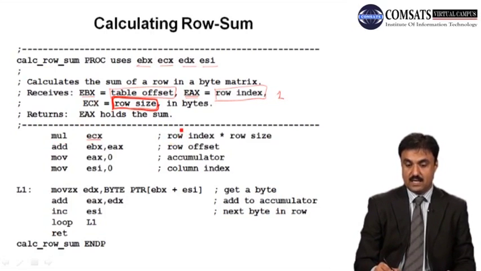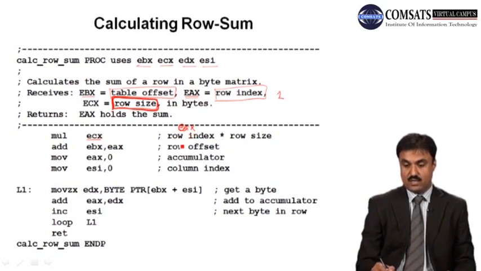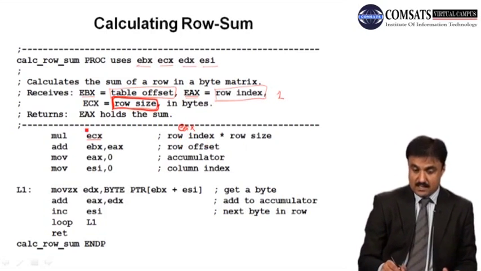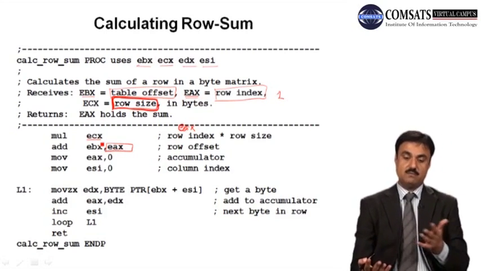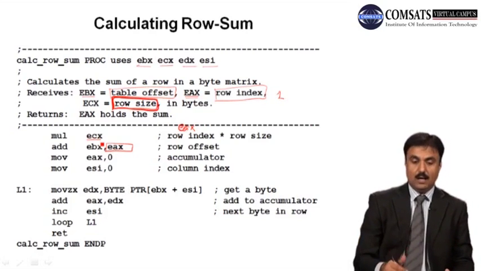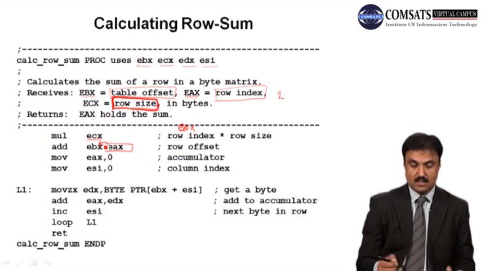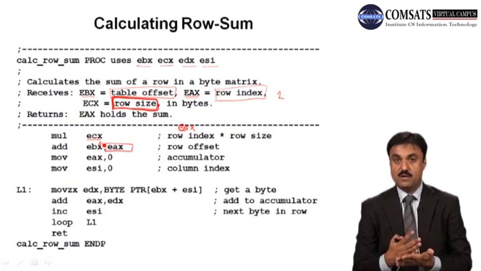As we know, EAX has the row index, and we are multiplying by the row size inside ECX, so the result will again be inside EAX. Now we add EAX, which has the row index multiplied by the row size, to EBX, the base address. So now we have the starting address of the row.